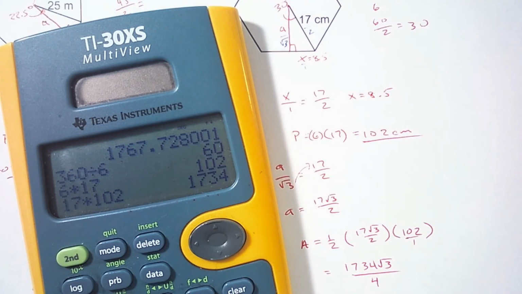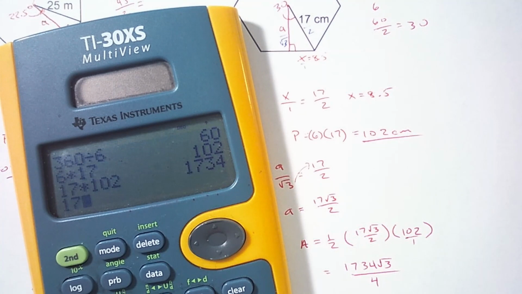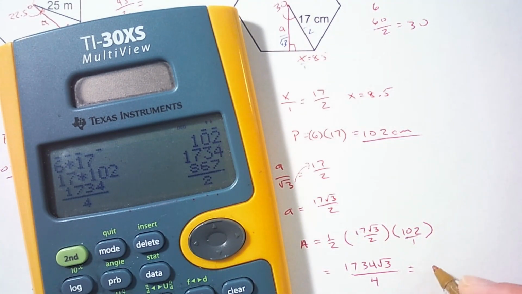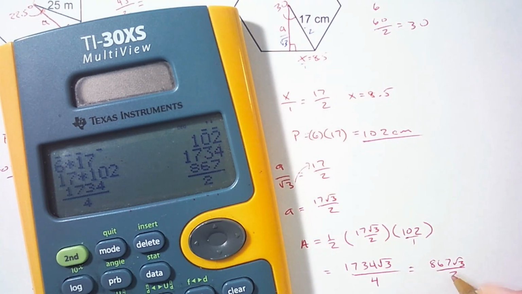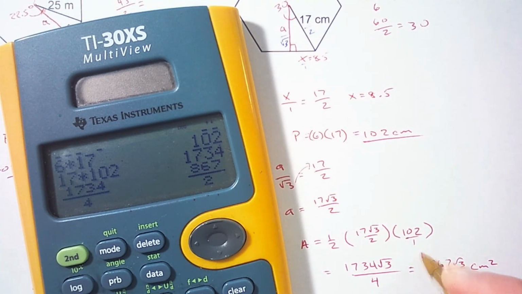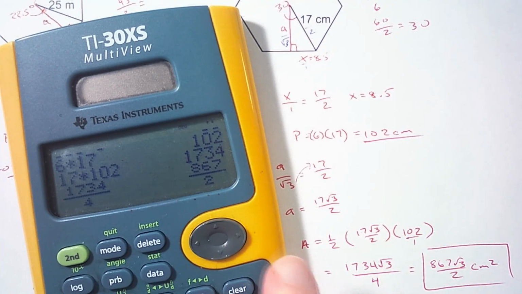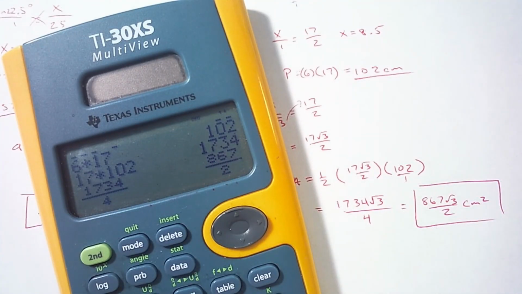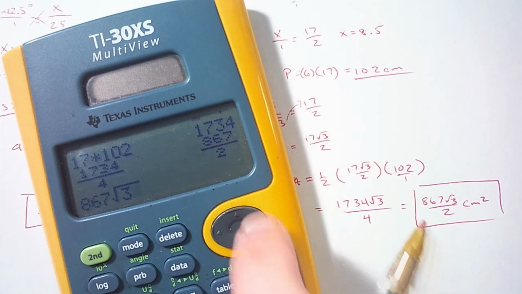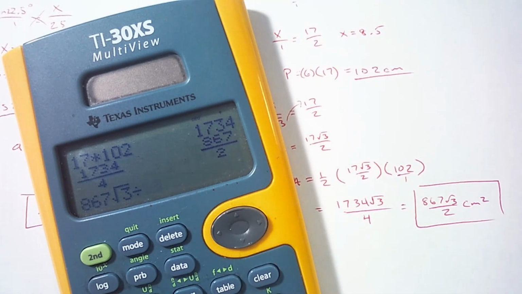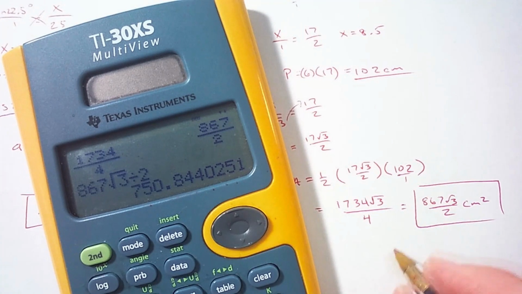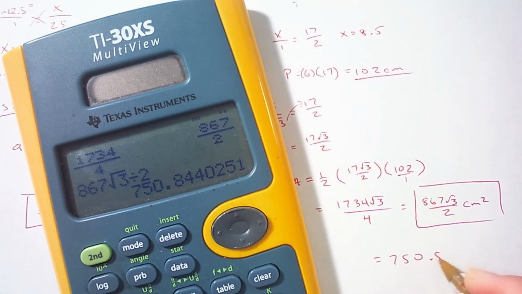Now this can be simplified. 1734 over 4 is 867 over 2, so 867 root 3 over 2 centimeters squared is the exact answer. The approximate answer would be 867 times the square root of 3 divided by 2, which is 750.84 centimeters squared.